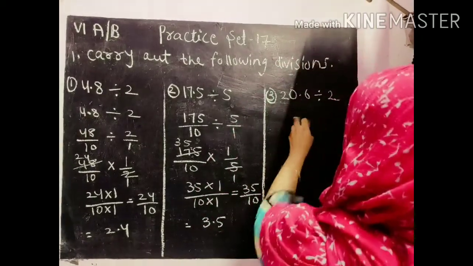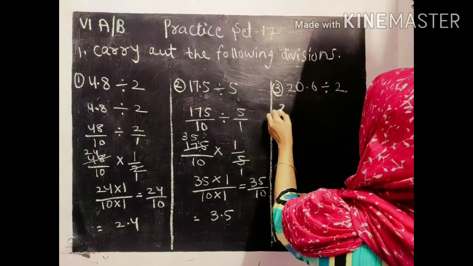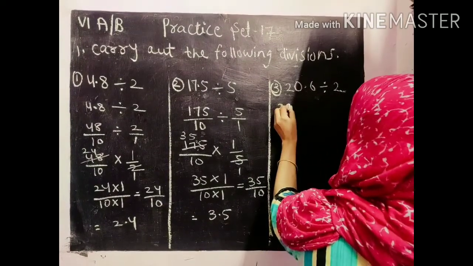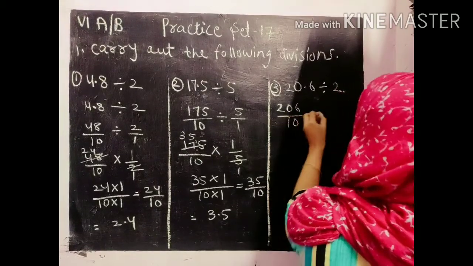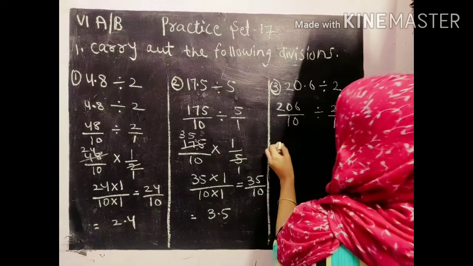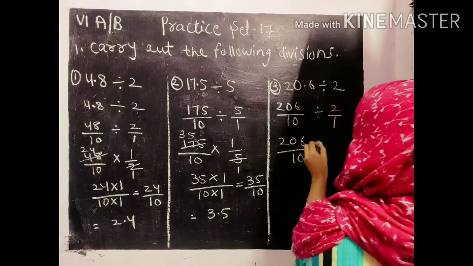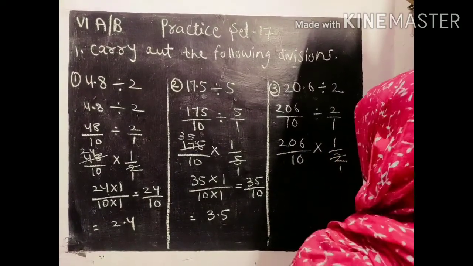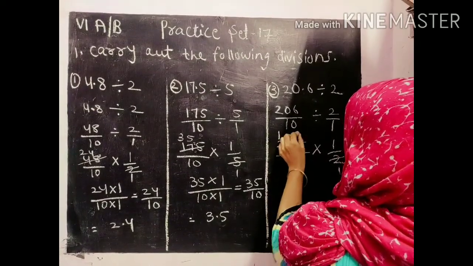Now come to question number 3, 20.6 divided by 2. Here we will write 206 upon 10 divided by 2 upon 1. So 206 upon 10 into 1 upon 2. 2 ones are 2. 2 ones are 2. 0. 2 threes are 6.